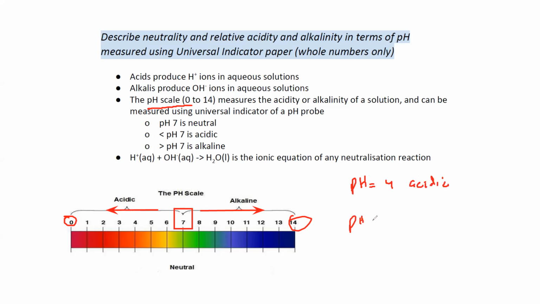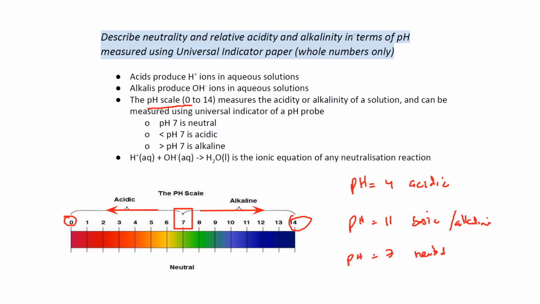If we have pH 11, it will be basic or alkaline. And if we have pH 7, it means the substance is neutral. So this is also another way to identify the nature of the solution, by measuring the pH.